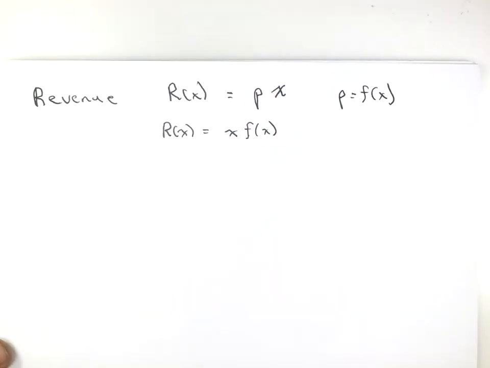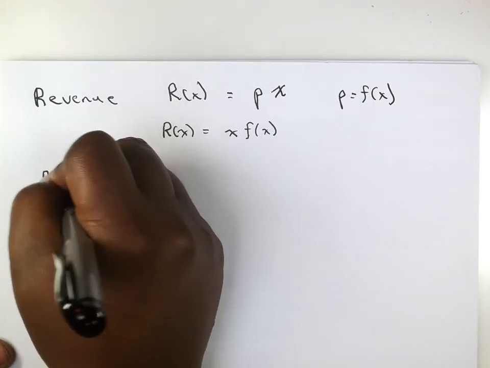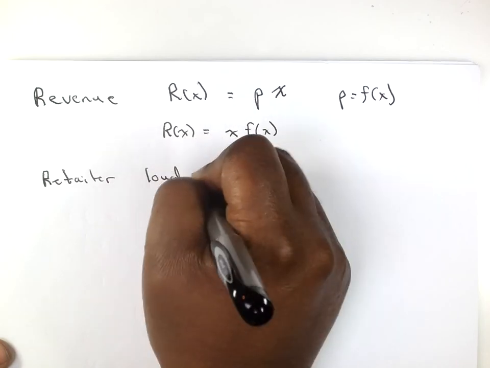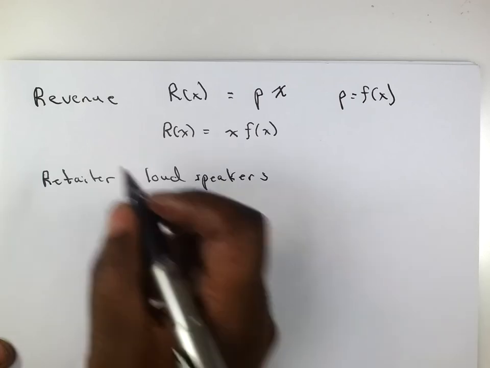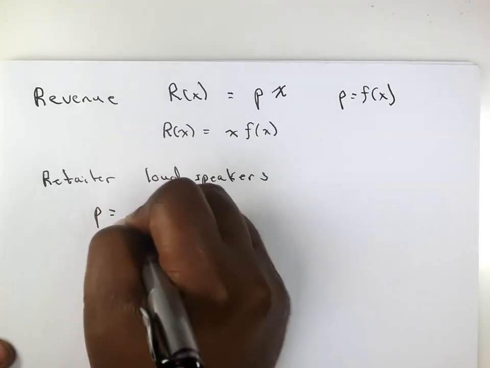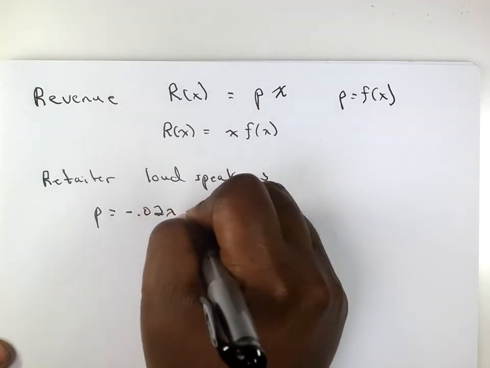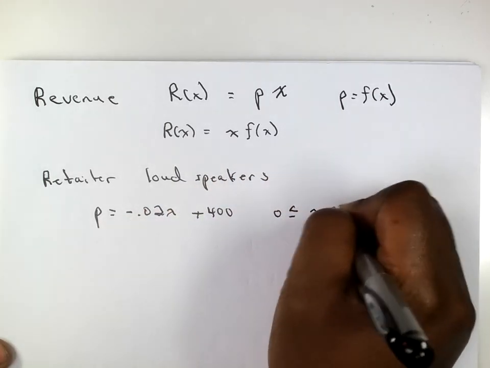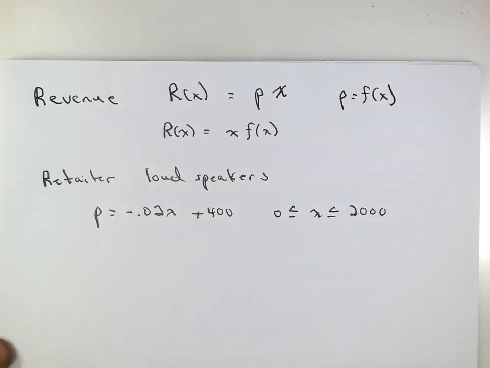So if we had a retailer who's selling loudspeakers, and their price function is given by negative 0.02x plus 400, and the domain of that is between 0 and 2,000 that these numbers hold.